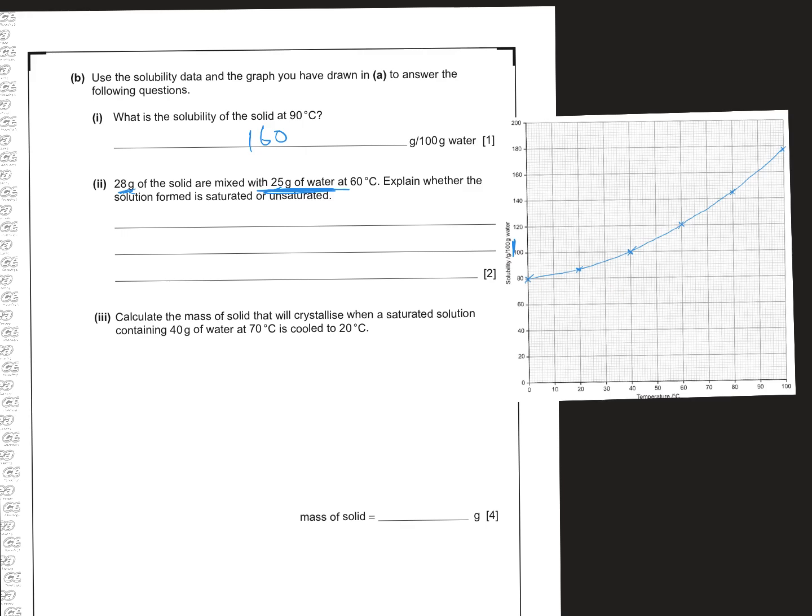So what I mean is, I'm going to multiply this by 4. So that will turn to 100 grams of water. Therefore, I multiply that by 4. And so this becomes 112 grams.